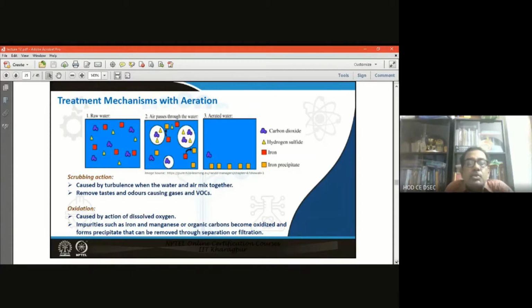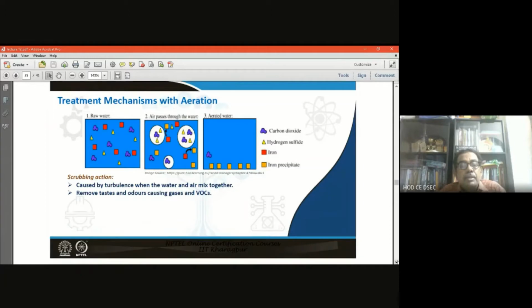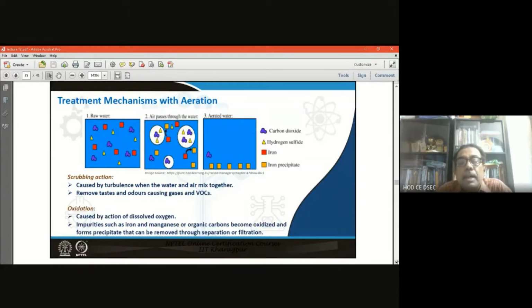But when air passes through the water, you see some carbon dioxide and hydrogen sulfide, they are very close to each other. Not only that, the iron starts to precipitate when the air passes through the water. And in the third picture, we can see the aerated water. You see, all the iron has been precipitated and removed. Hydrogen sulfide gas is removed. So this is the process, the mechanism of aeration, that I am showing you in the pictorial diagram.